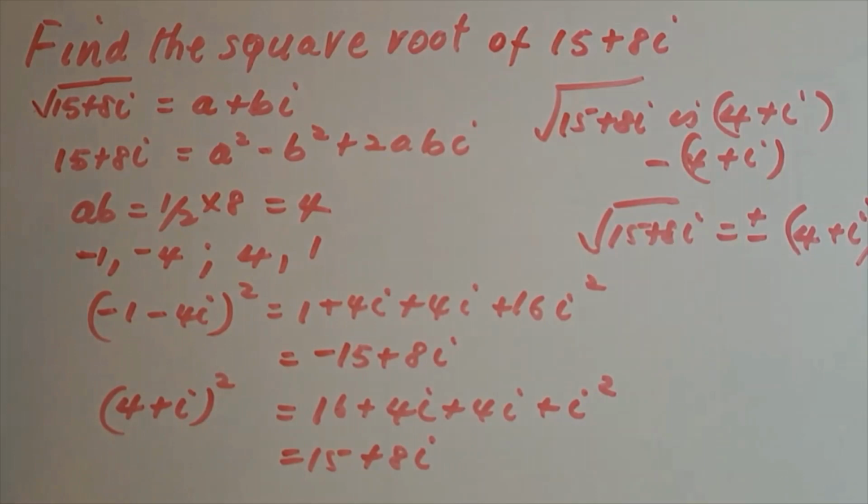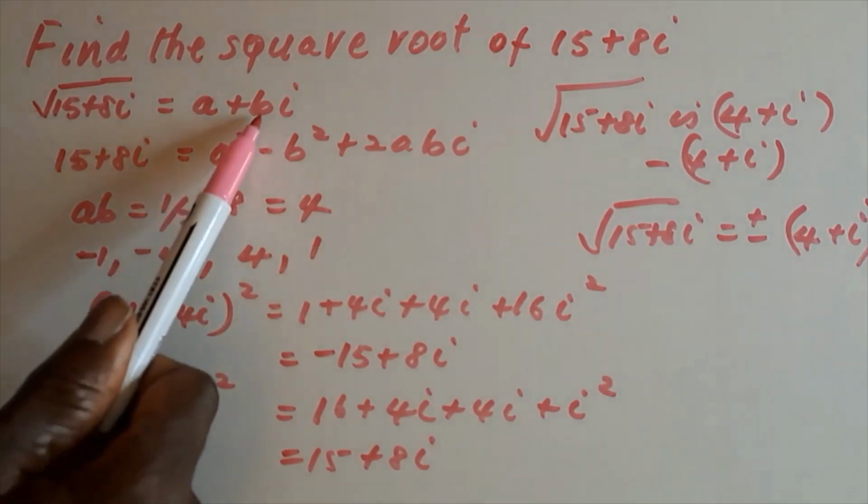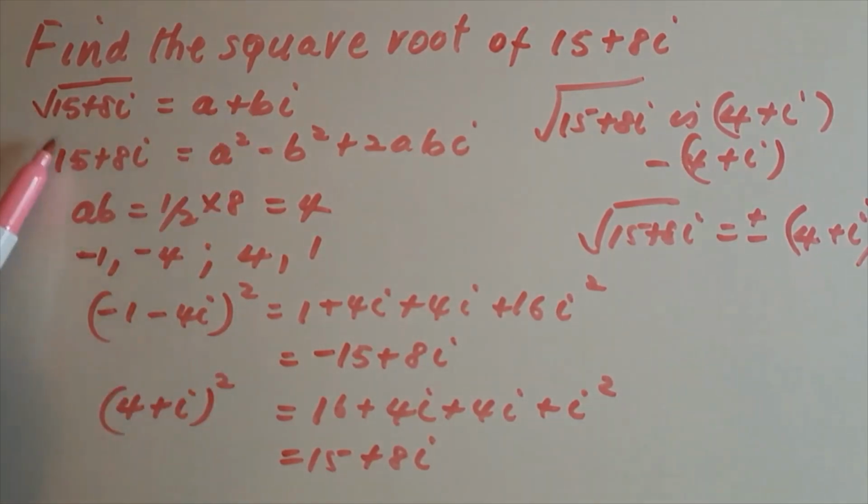Please note that this will only work for integer values of a and b. Here we have the integers being 15 for a and 8 for b.